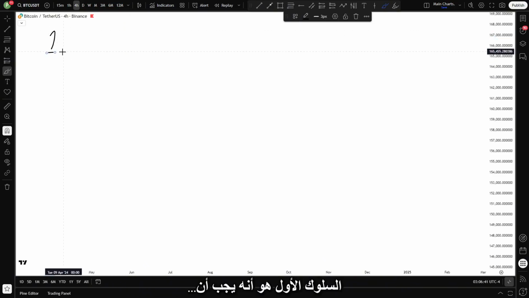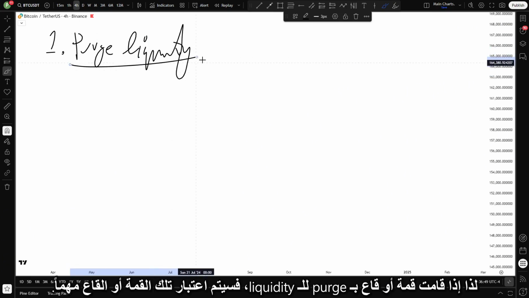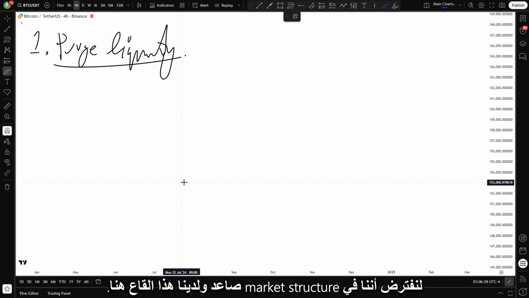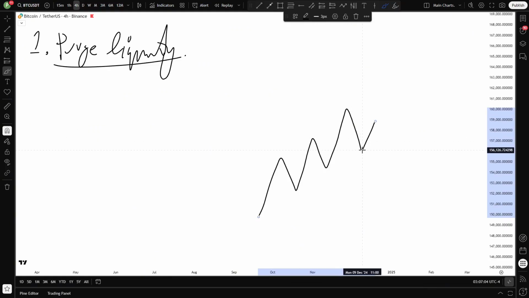So the first behavior is that it has to purge liquidity. So if a high or a low has purged liquidity, then that high or low will be considered a significant one. Let's say we are in a bullish market structure and we've got this low right here.